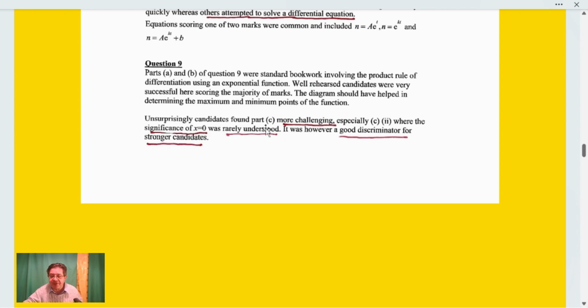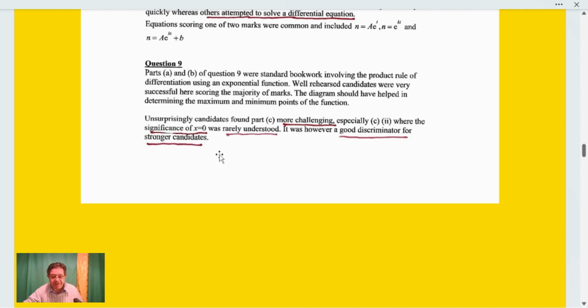Unsurprisingly, candidates found Part C more challenging, especially C Part 2, where the significance of x is naught was rarely understood. In other words, candidates did not spot that condition that x has to be naught or greater. However, this part of the question was a good discriminator for stronger candidates.